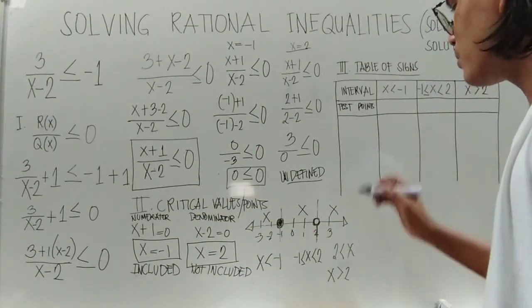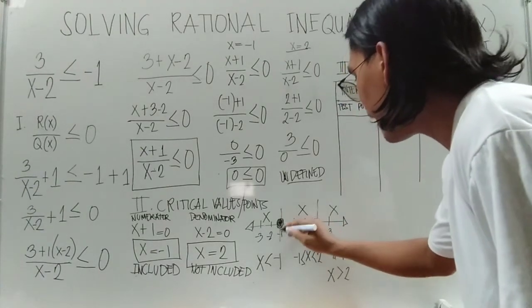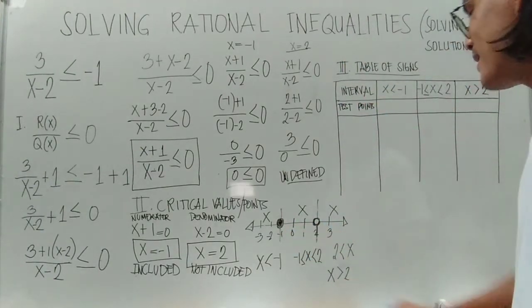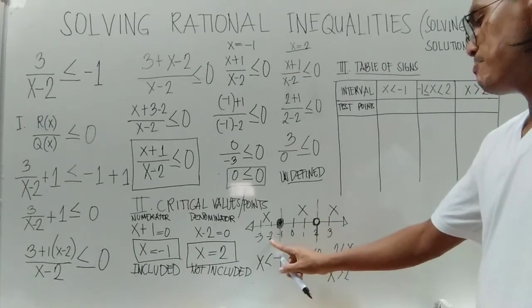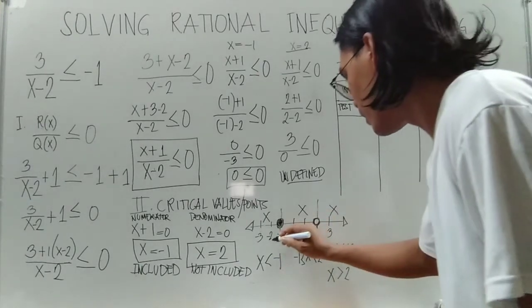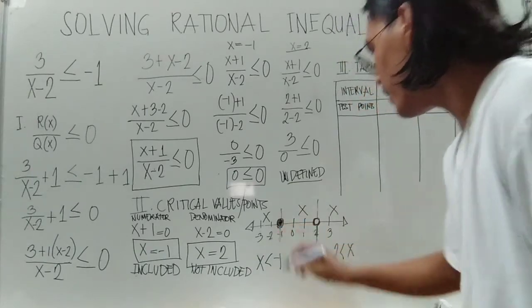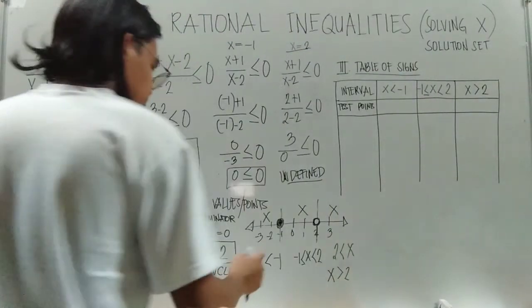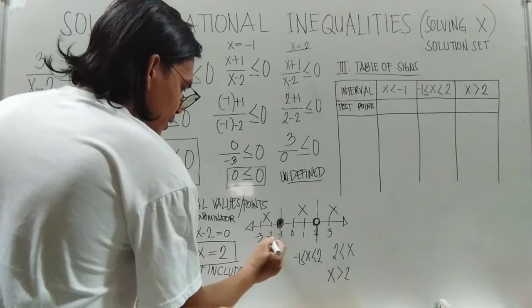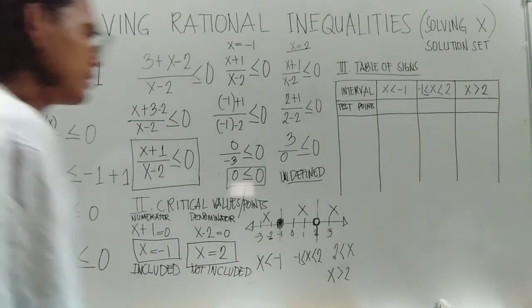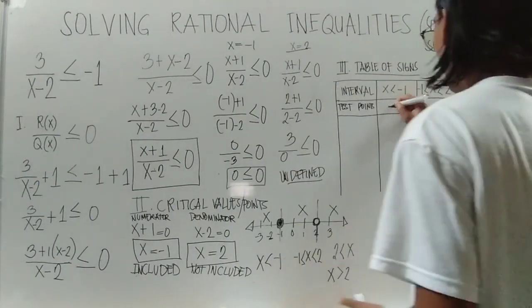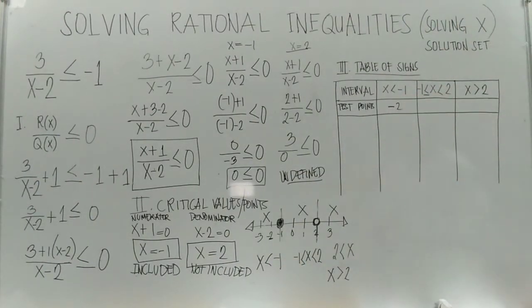But for us to verify it easily, we will be using the number closest to your critical value, which is -1. So we will be using -2.